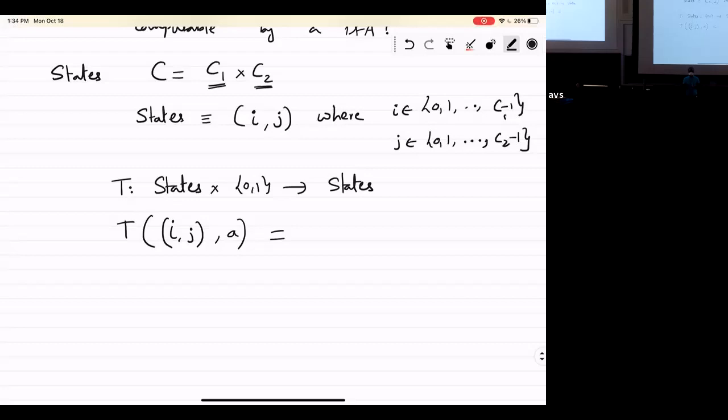Any guesses? You need to update both of them, right? Both of them take a step corresponding to their internal logic. So how can I do that? What should the new state be when I have these two machines that I'm simulating at the same time? Any suggestions? Yeah?